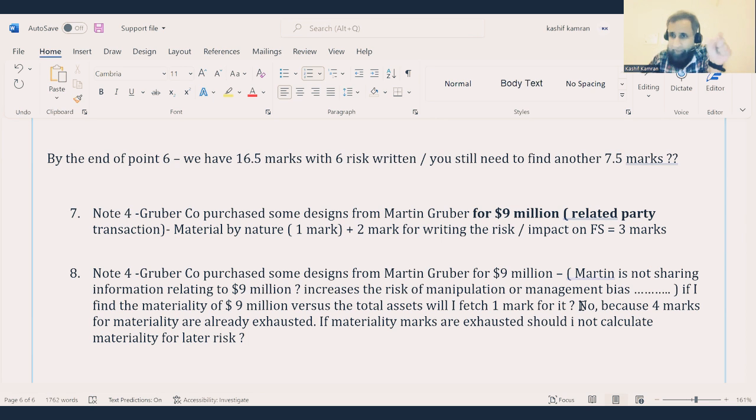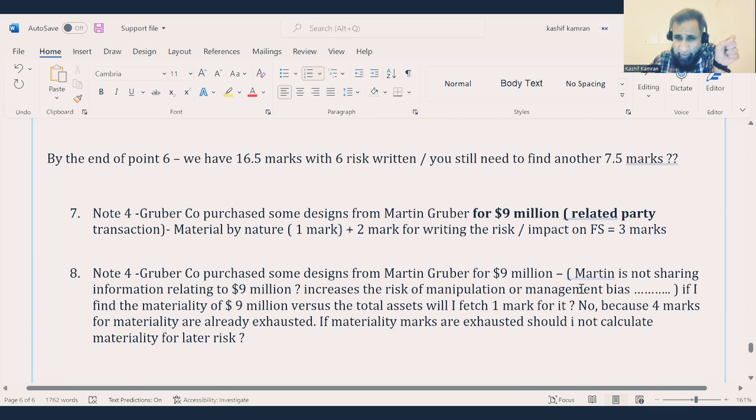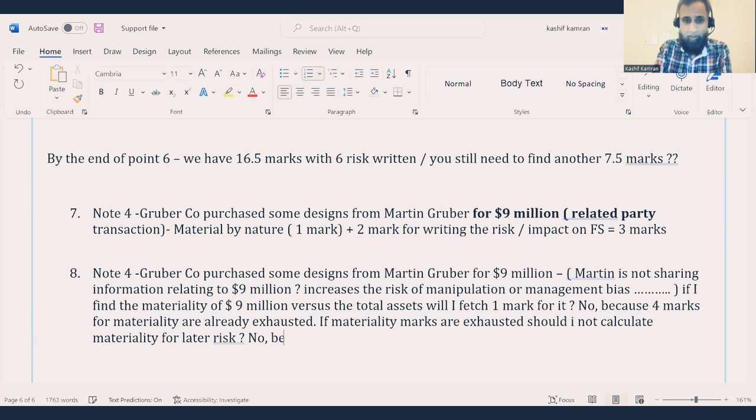What is the answer? No, because calculating materiality, even if marks are exhausted, is part of professionalism.